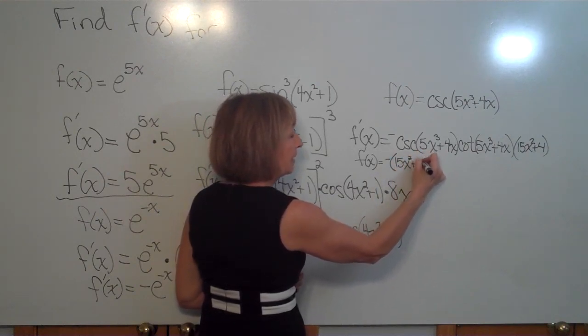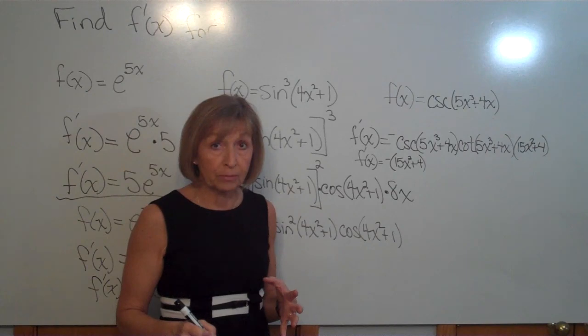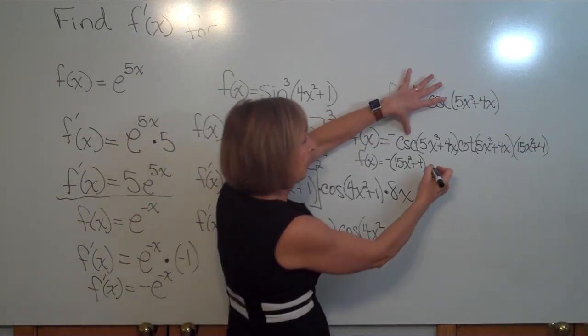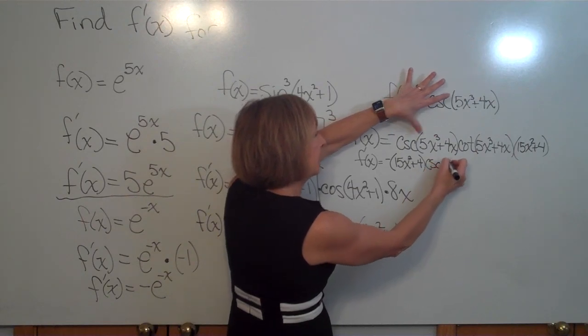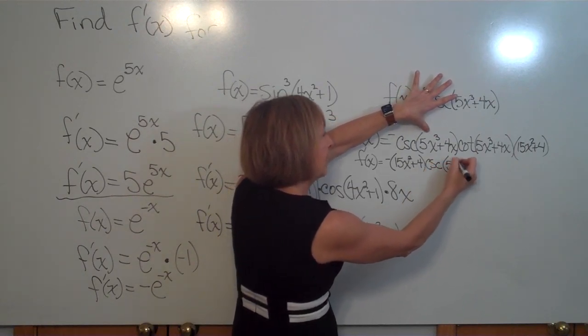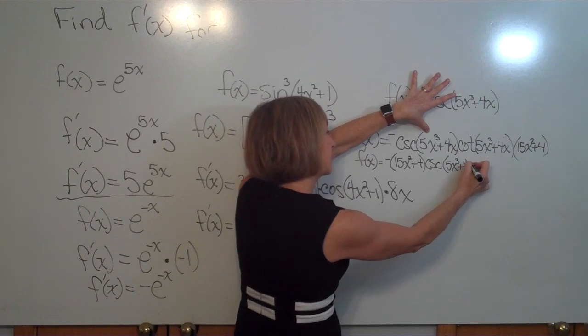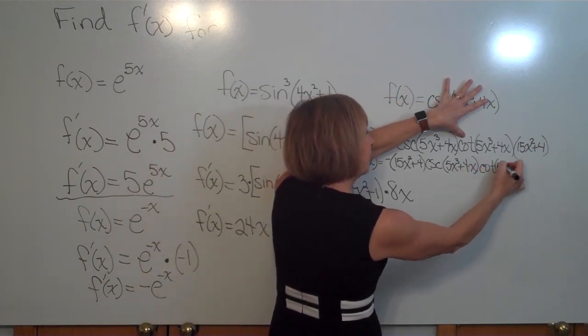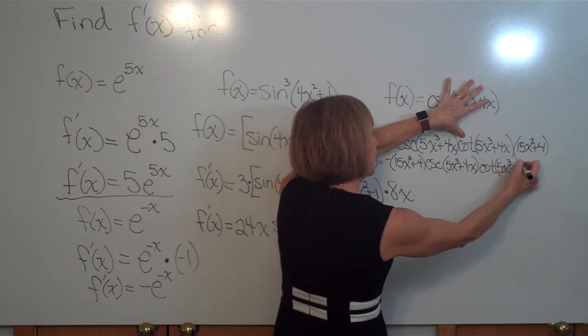You need to have those parentheses because it's more than one term. And if you don't put the parentheses around it, it means something different. So then we have our cosecant of that 5x cubed plus 4x, and then cotangent of that 5x cubed plus 4x.